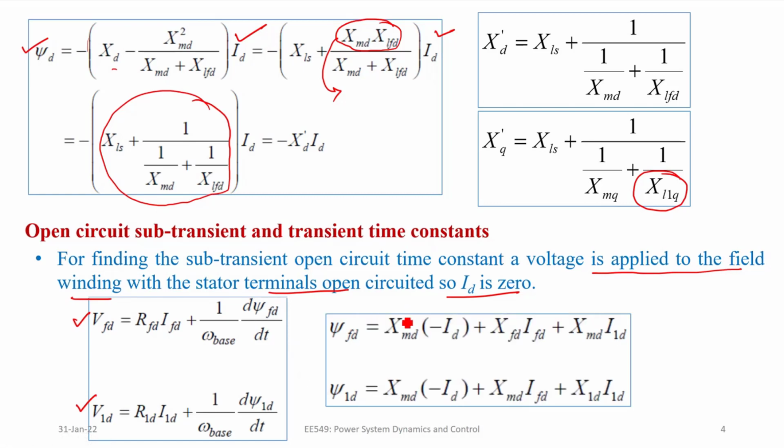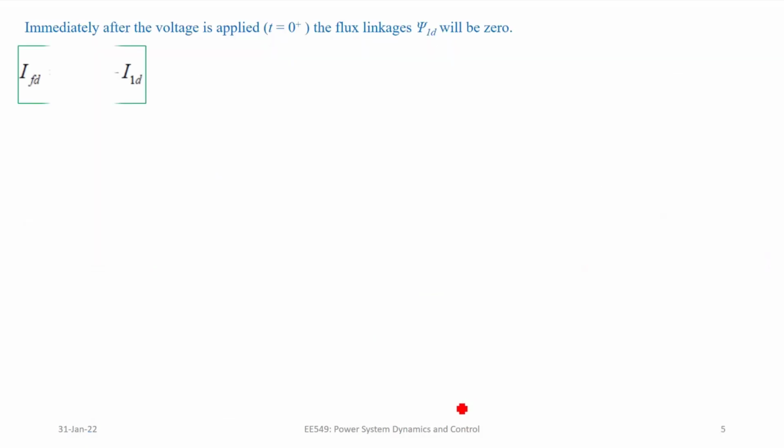From the flux linkage equation, your psi FD will be XMD minus ID plus XFD IFD plus XMD I1D, and your psi 1D is XMD minus ID plus XMD IFD plus X1D I1D. Now substituting ID equal to 0 in these two equations, and also immediately after the voltage is applied, that is at t equal to 0 plus, the flux linkage psi 1D will become 0.